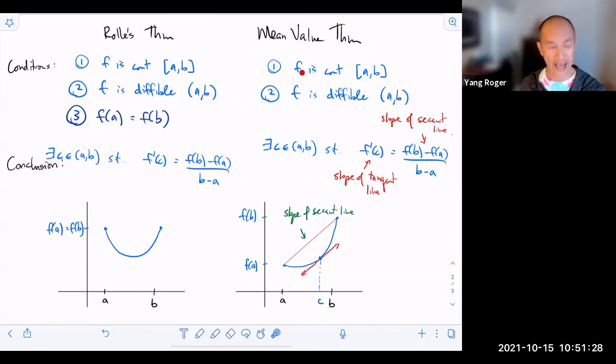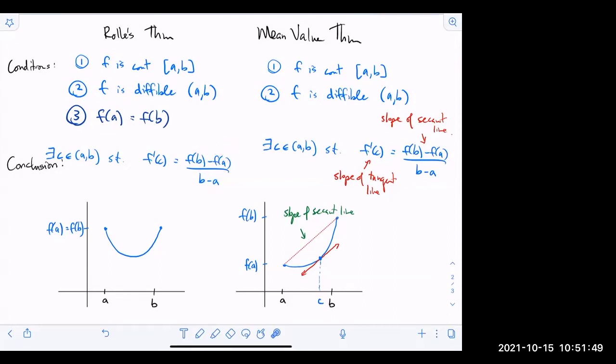Why is it a special case? We have this extra condition, in other words, f of a is equal to f of b. But if f of a is equal to f of b, what does the numerator up here become? What do you think this becomes, Reagan? If f of a is equal to f of b, this numerator here is?